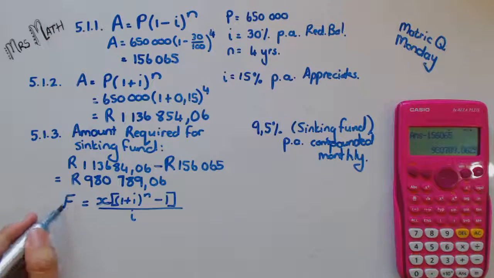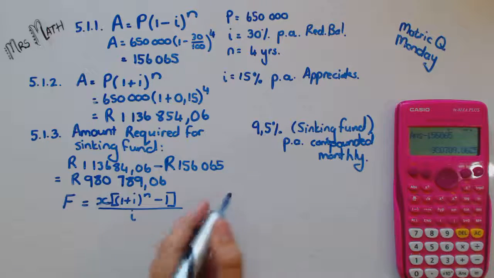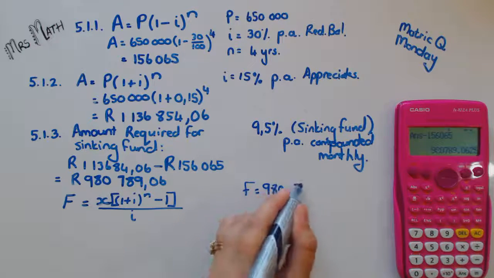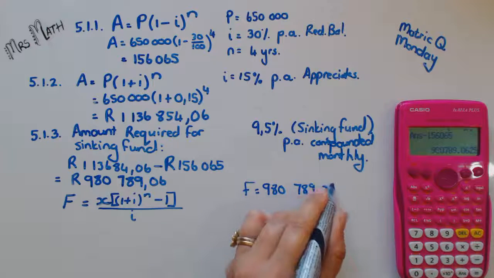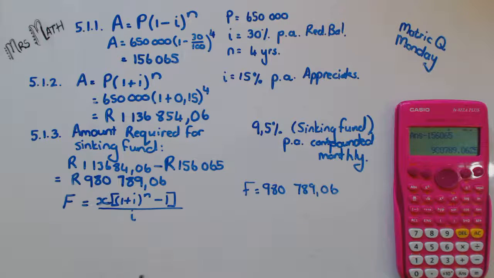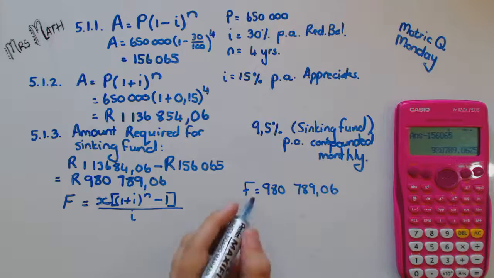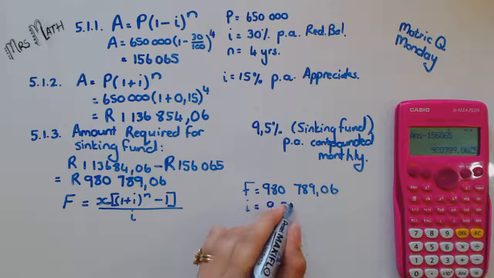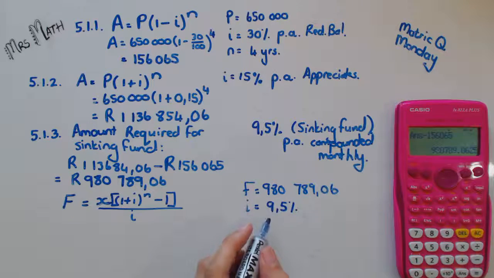So now I want a future value of 98789,06, and the interest rate that I'm working with is 9.5%, and this is compounded monthly.